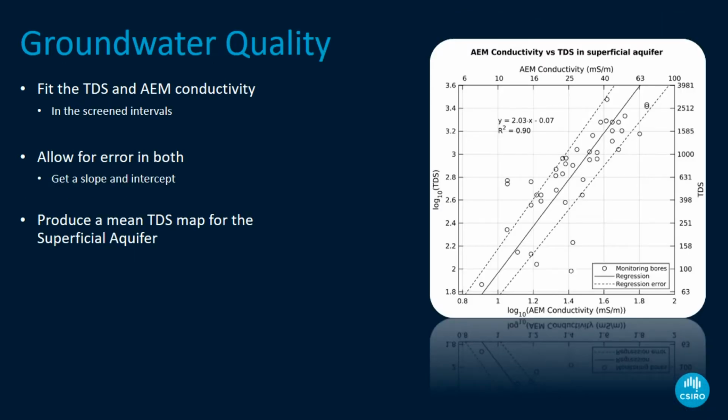So if I look at the total dissolved solids on the logarithmic scale on the y-axis, and I look at the Airborne EM connectivity that is intercepted from the screen zone from those boreholes that we have, if I had that information, that they put down a pierce point, put down a borehole that they're using for production, and it's screened over a certain range within that superficial aquifer, I took the mean of the bulk electrical connectivity in that area, and then I fitted a sort of regression line against the total dissolved solids to the Airborne EM connectivity.